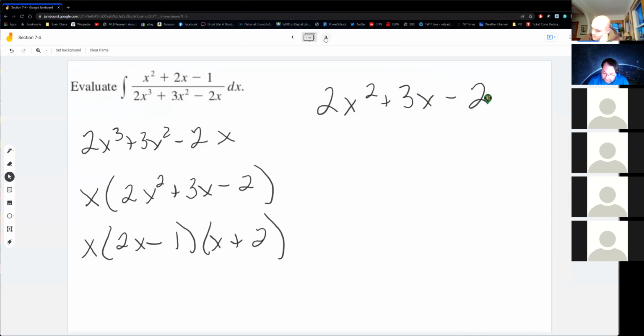So I'm looking for two numbers that multiply to -4 and add to 3. Basically, all I do is I take the first and last number and multiply them. That's how I got the -4. So two numbers that multiply to -4 and add to 3 would be 4 and -1.